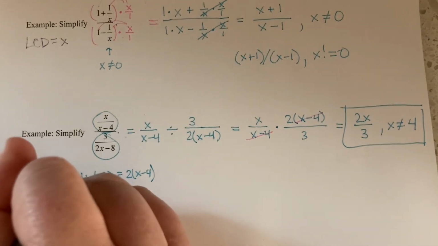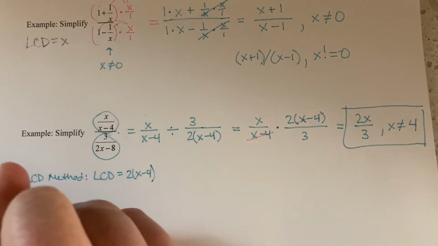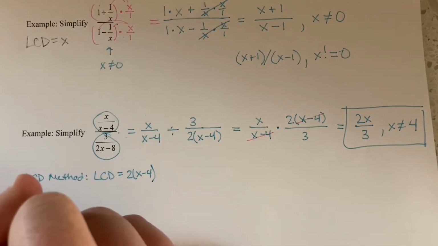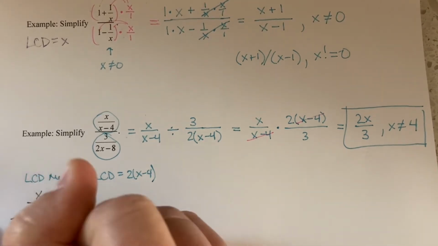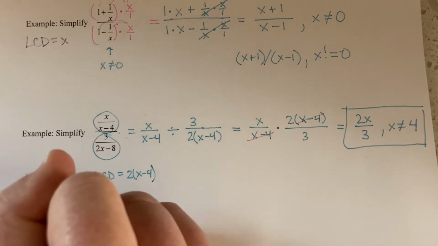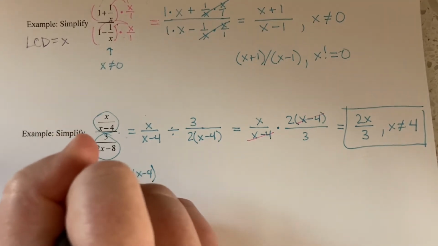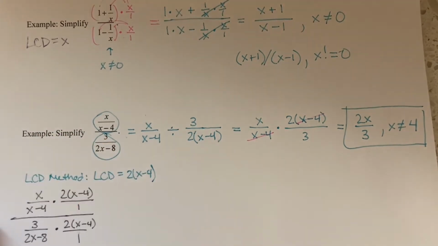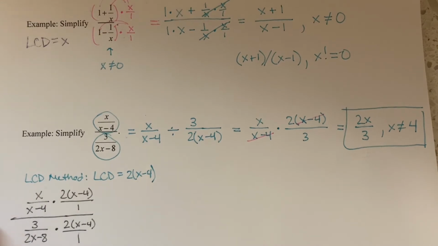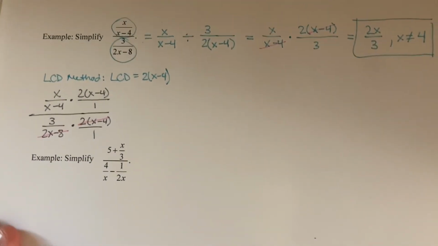Original problem is x over x minus 4 over 3 times 2x minus 8. So I'm multiplying top and bottom by 2 times x minus 4. And you can put it over 1 if that helps you line it up. 2 times x minus 4 over 1. Now on the bottom, that completely cancels because 2 times x minus 4 is the same as 2x minus 8. I need to scooch up here.